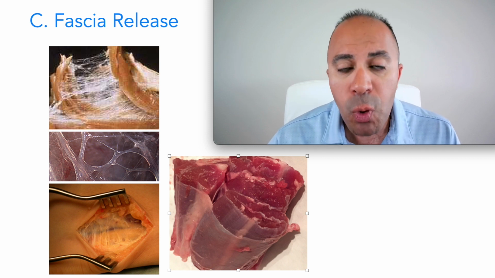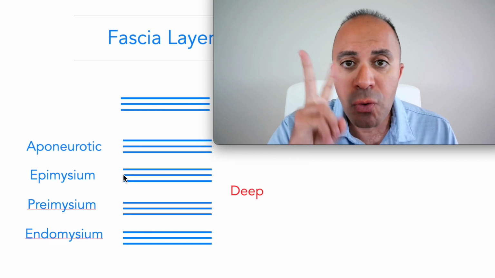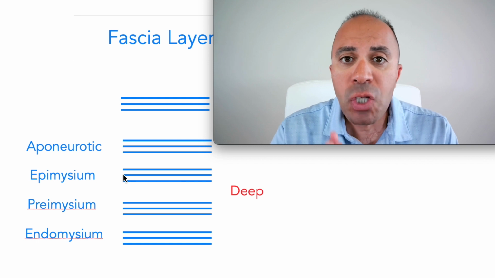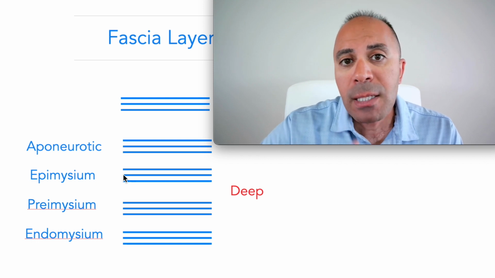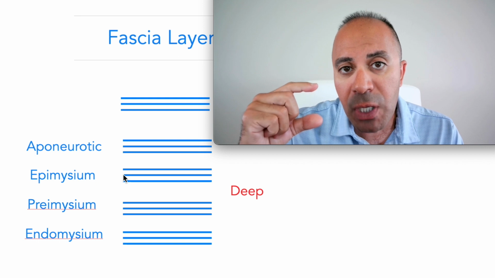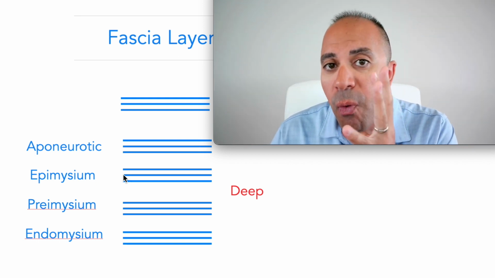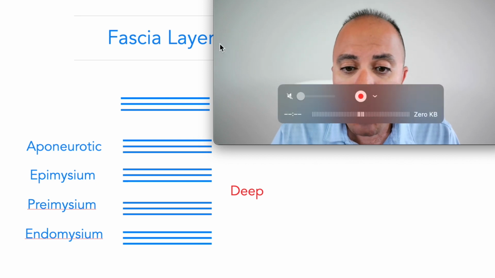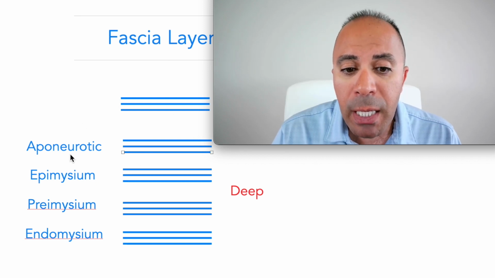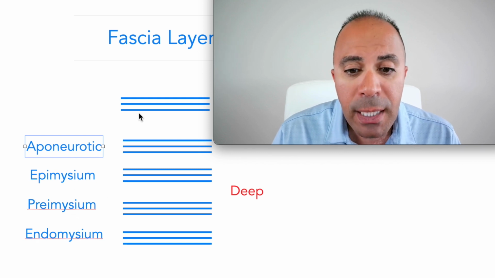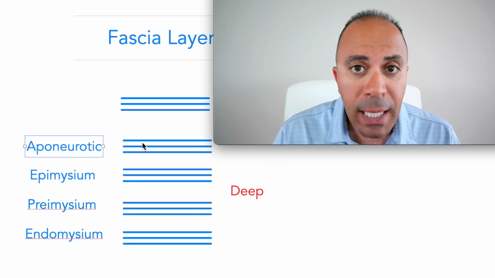To make things more complicated, the system consists of 2 main categories: superficial layer and deep layer. Each of those categories has 2 to 3 layers on top of each other. And the deep layer is actually divided into 4 subcategories: the aponeurotic fascia, epimysium, perimysium, and endomysium, and each of these has 2 to 3 layers underneath.